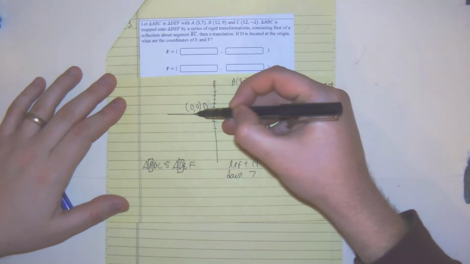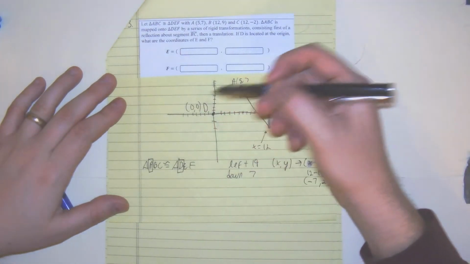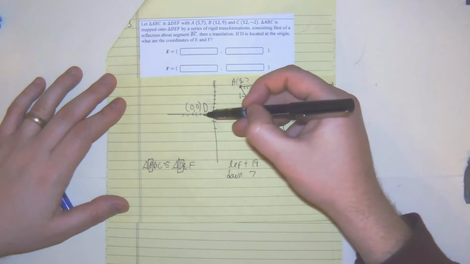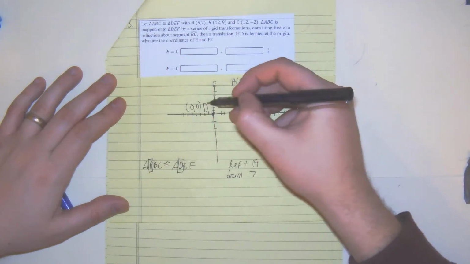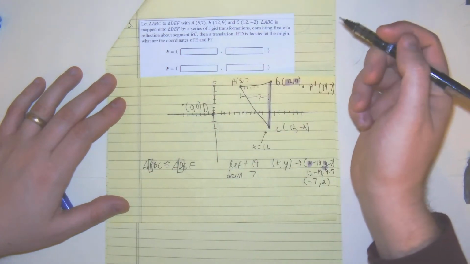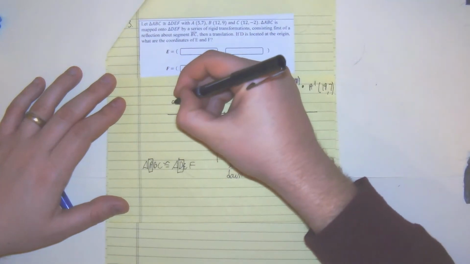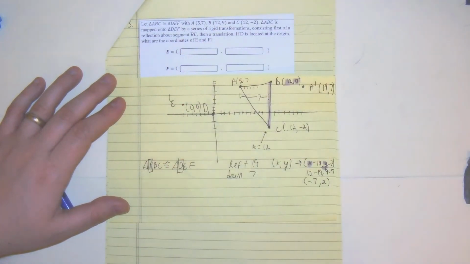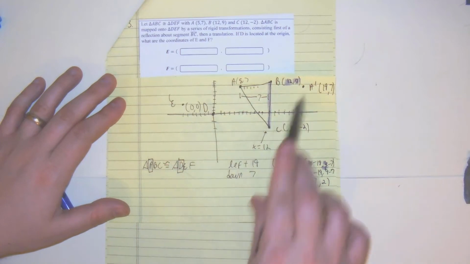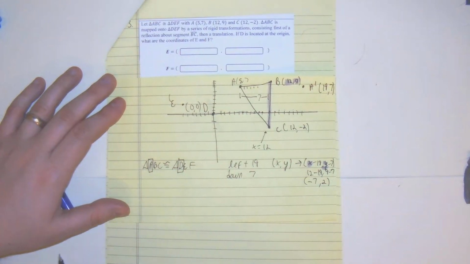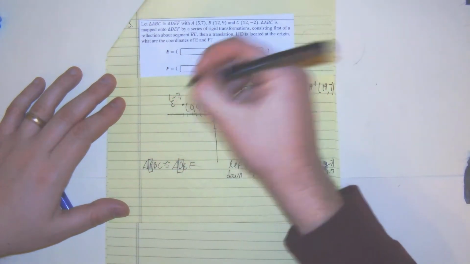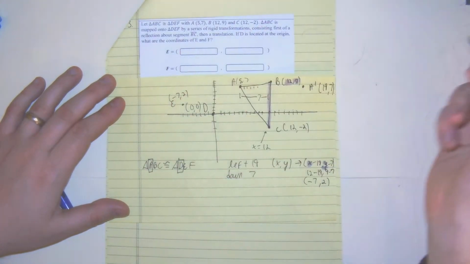1, 2, 3, 4, 5, 6, 7. 2. So our new point, E, would be right here. I know it's point E because B, what we just translated, is going to be the same as E. Negative 7, 2.